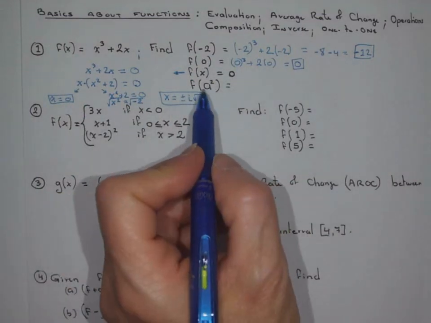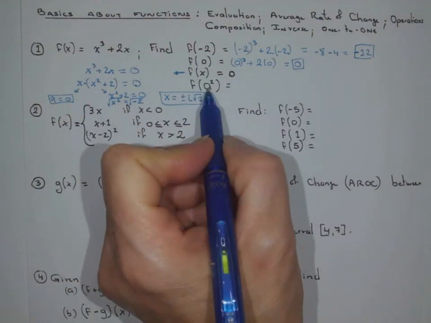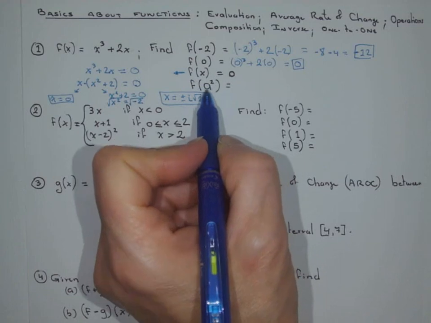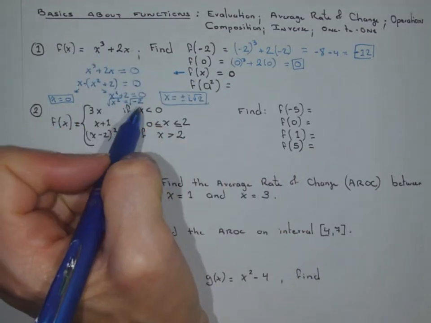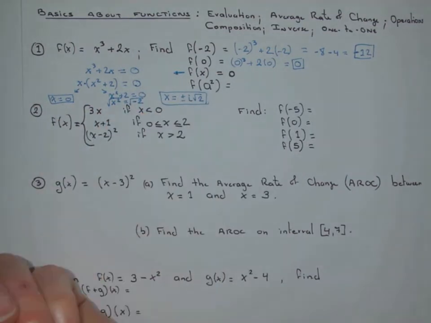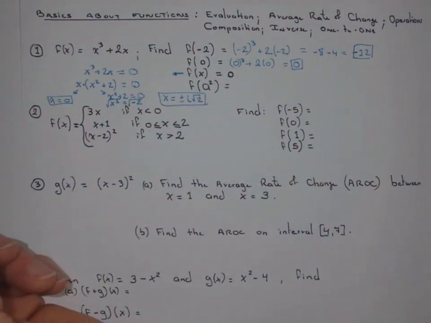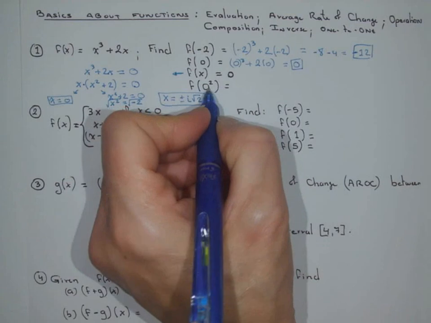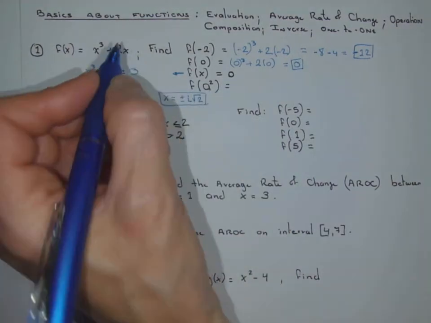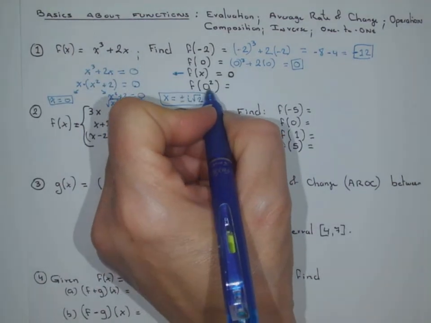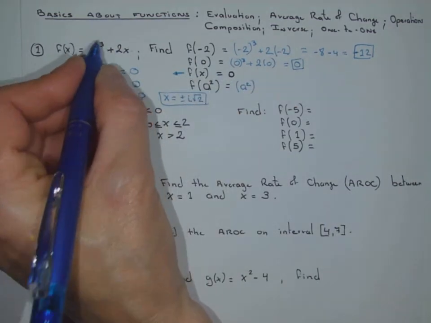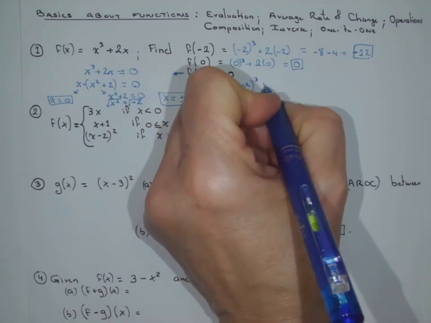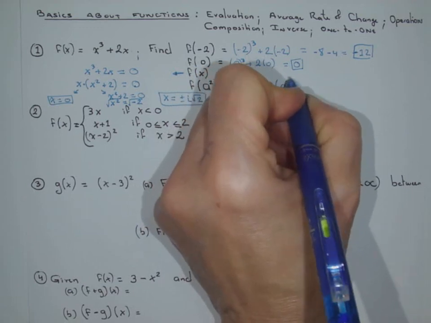Okay, then here I have f of a squared. So that's when you have an input that's not just a number that you can actually plug in for x's, but it is another unknown. But it's still an input, right? So wherever I have an x in my function, I'm going to put in an a squared instead. So we're going to have a squared for this x, and then that's cubed, plus 2 times a squared.